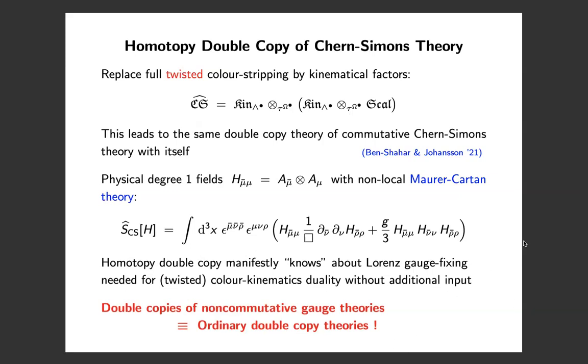I want to go and answer the question 1, which I haven't answered yet. But anyway, the upshot here is this explains why double copies of non-commutative gauge theories are just the ordinary double copy theories.